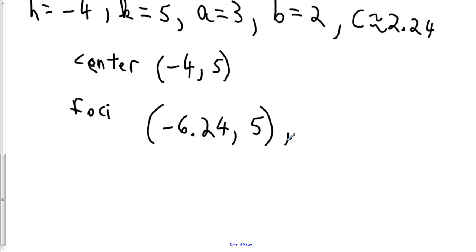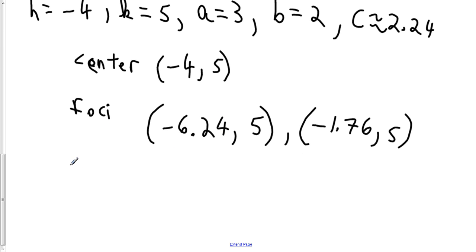And then the other one is going to be the same distance but to the opposite side. So from negative 4, 5, I'm going to go 2.24 units to the right, which takes me to negative 1.76, 5. So those are the coordinates for the foci.